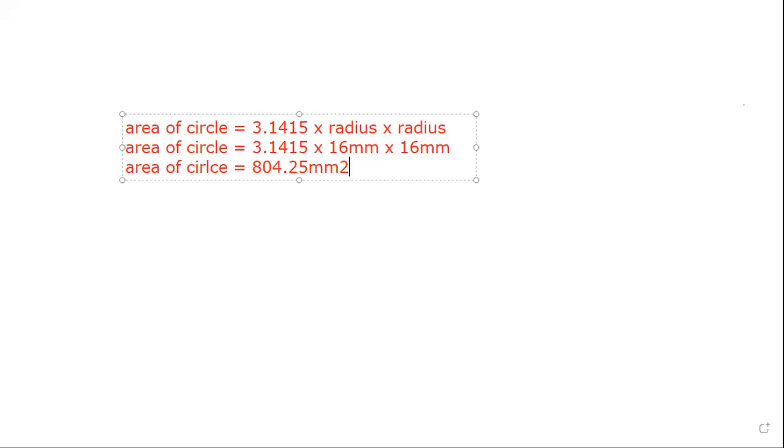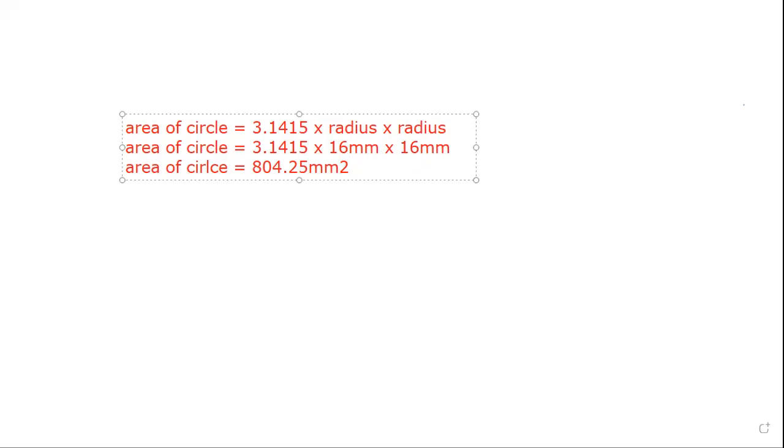804.25 millimeters squared. Unfortunately, I can't make this squared small here. So this is how we got 804.25 millimeters squared. 16 multiplied by 16 will give us 16 squared, which is the same as, let me pull up the calculator, 256.